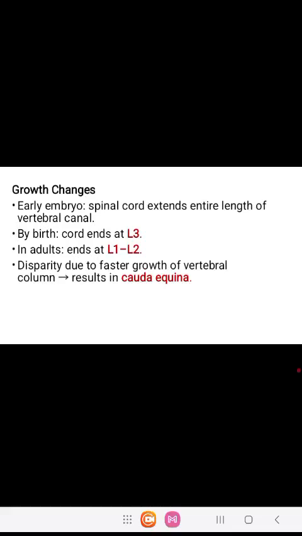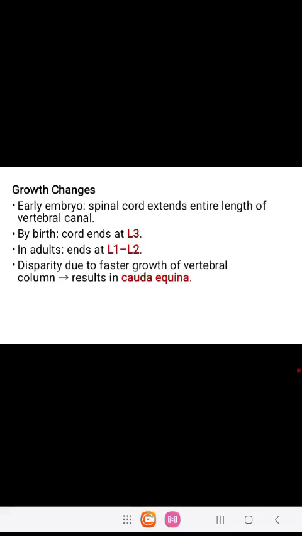As the vertebral column continues to grow, it grows much better in adulthood, and so you have the spinal cord ending at L1, L2.